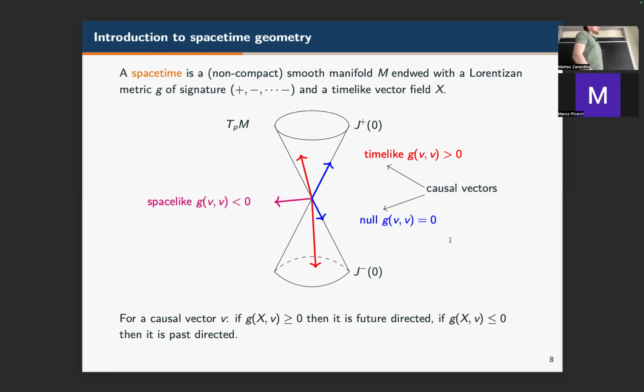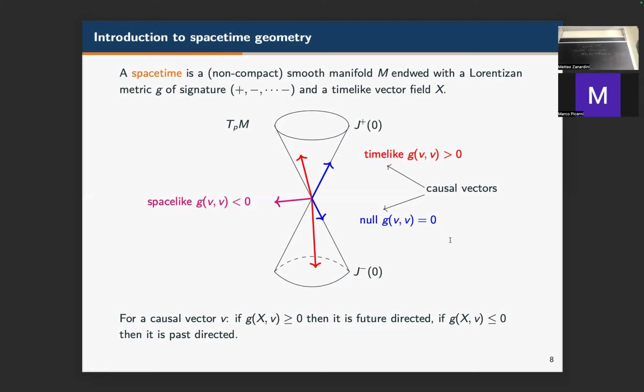Now, given a time-like vector field, it induces the so-called time orientation. That is to say, you can distinguish between the future and the past. You say that a causal vector is future directed, provided the scalar product with the vector field X is non-negative. So you are in this upper part of the cone.